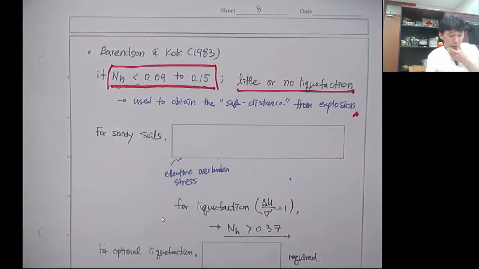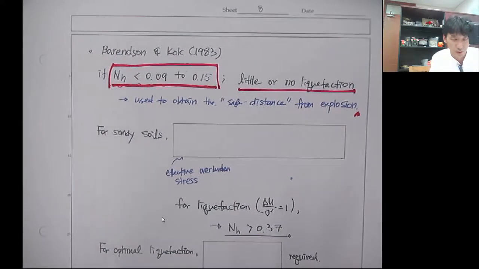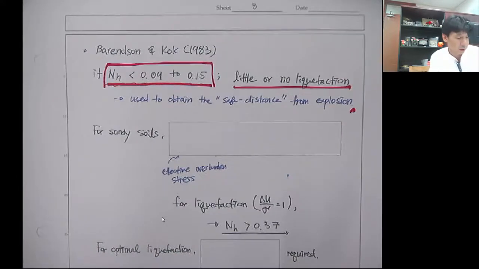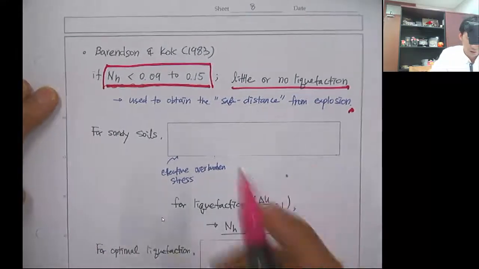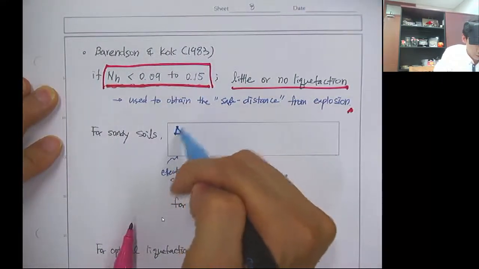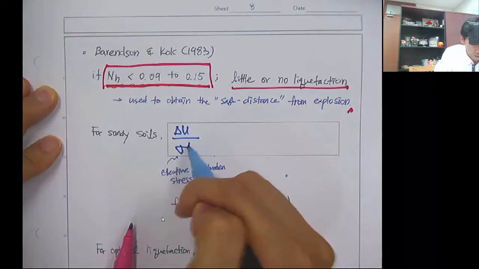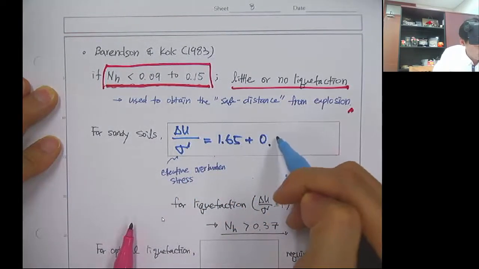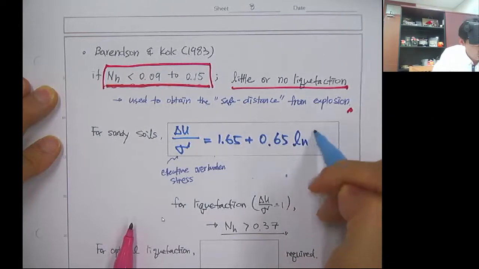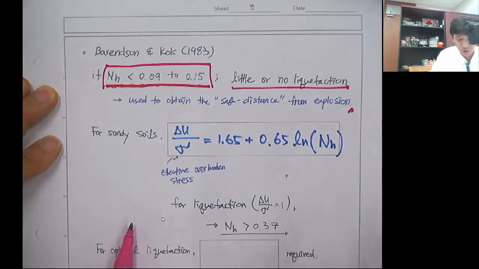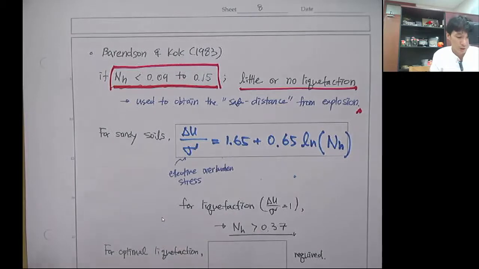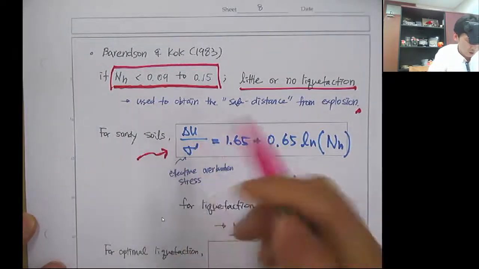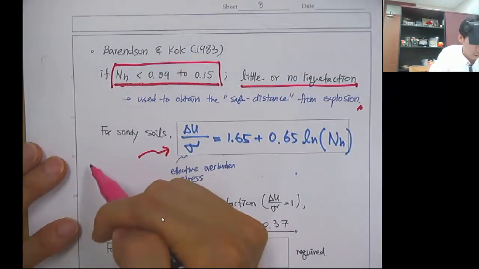And for the sandy soil, we also want to find out what will be the delta U, the excess pore pressure generated by this explosion. So delta U over effective stress can be calculated using this equation, and this equation is derived by a statistical approach.